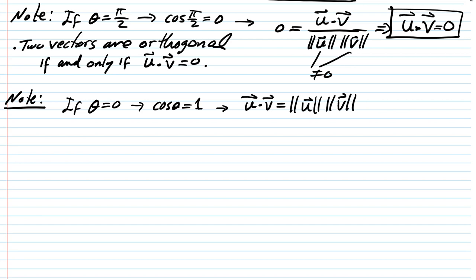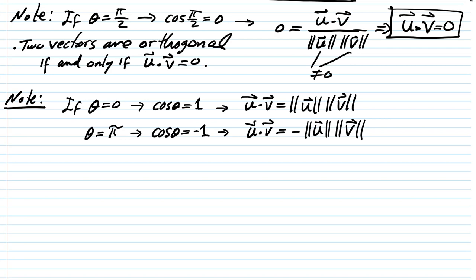That's only if theta is 0, and then the two vectors are going to be parallel. I'll tell you a little more about this in a moment. If theta is pi, cosine theta is -1, because cosine of pi is -1. So that means u dot v is going to be negative magnitude of u, magnitude of v.